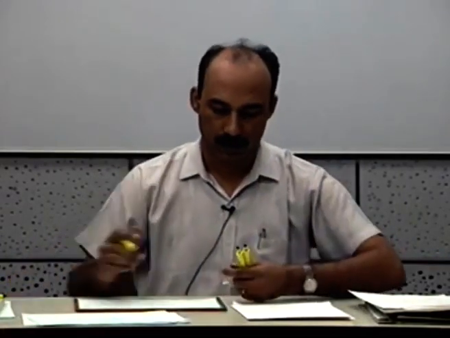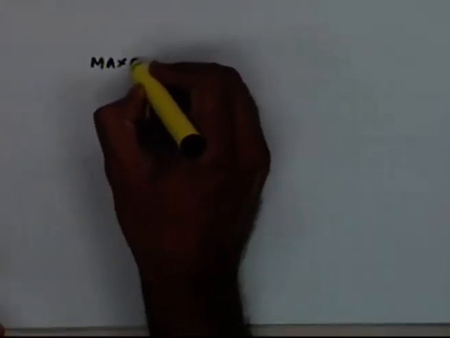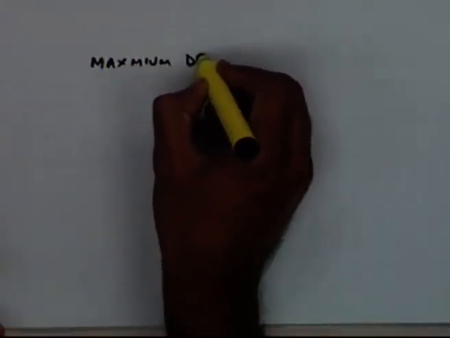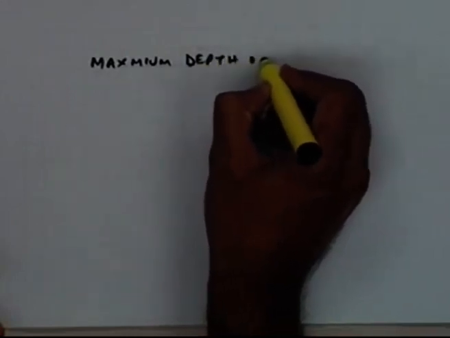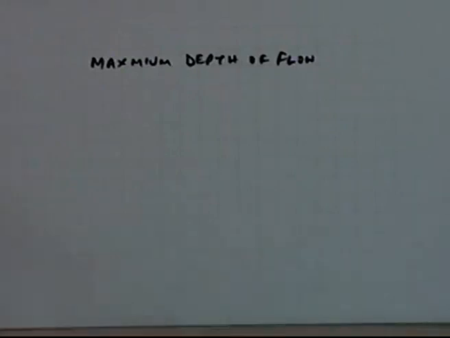Similarly, when you look at the depth of flow, in general, the depth of flow will be a function of how much is the ridge, what is the ridge size you have.